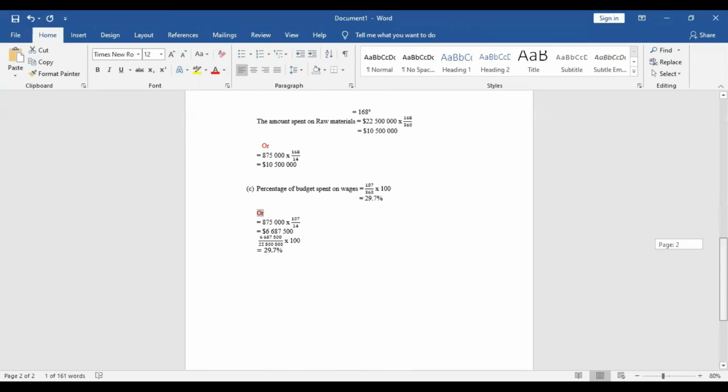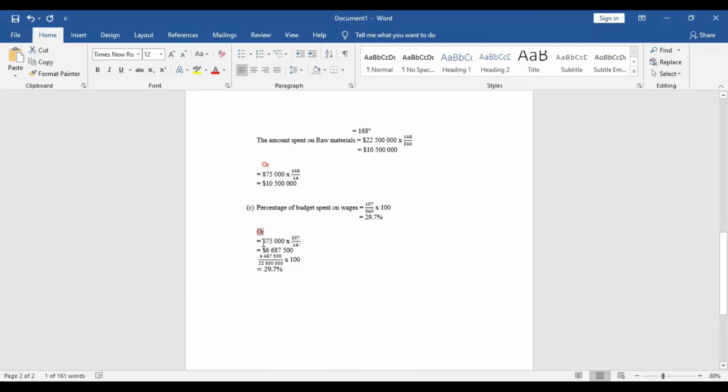You take your total, this part is the electricity, multiply by your wages degree, and divide by your degree for electricity, which will give you an amount. This amount is your wages amount. You divide that by your total budget, and then multiply it by 100. Are we clear there? All right.